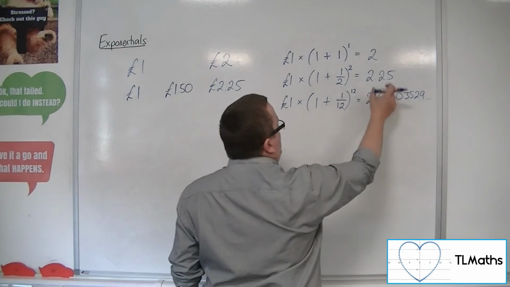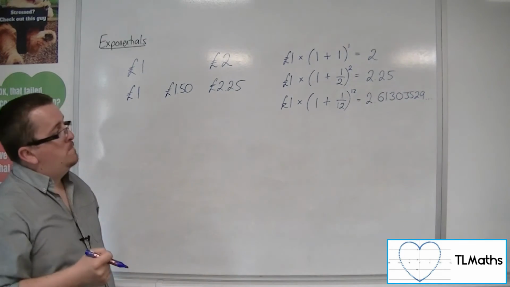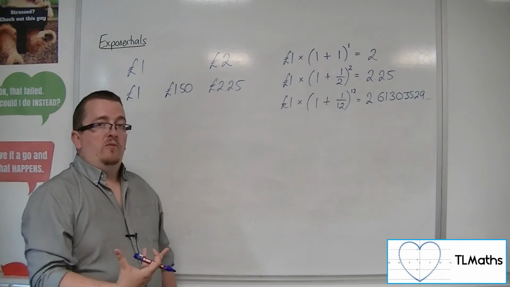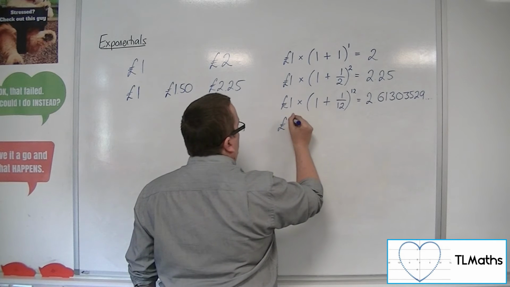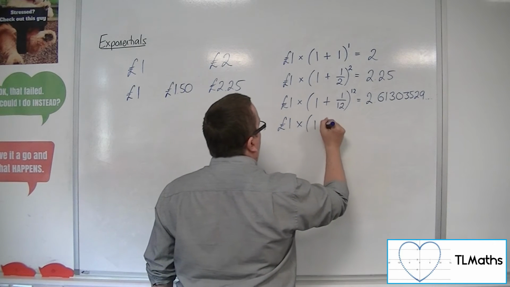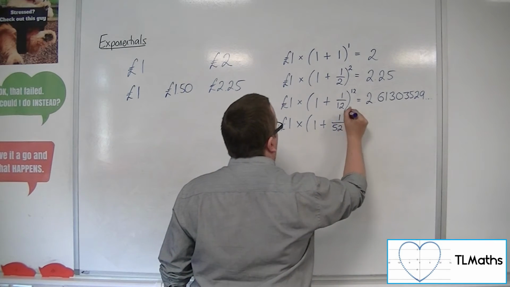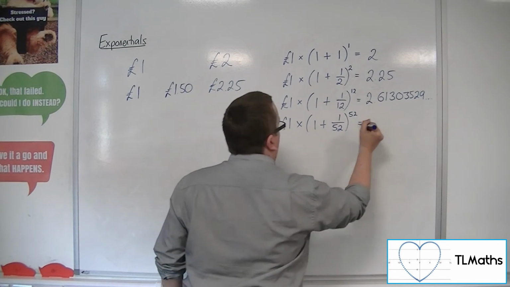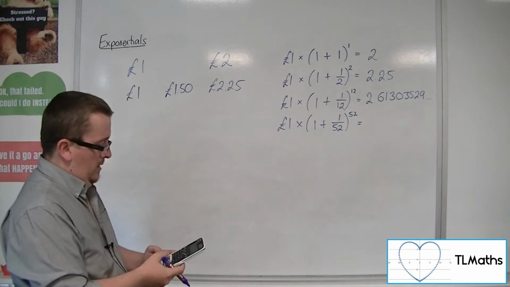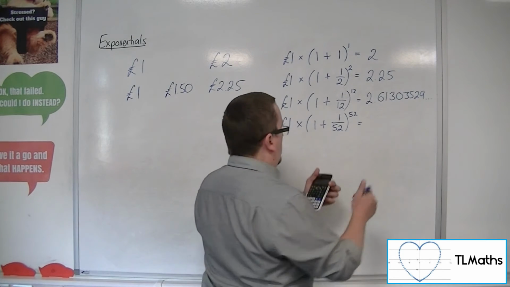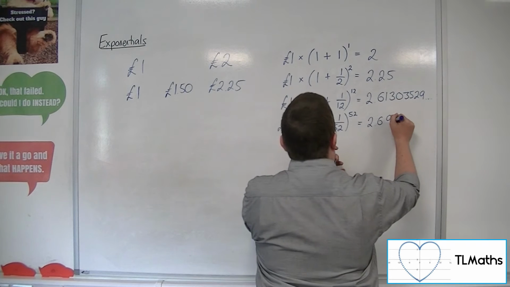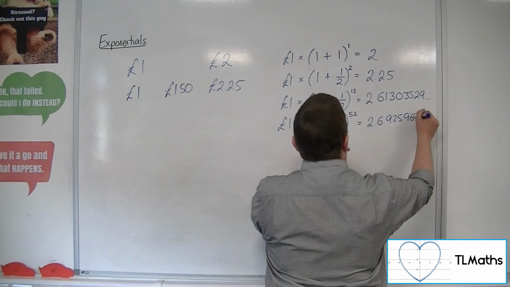So that's obviously better than my previous idea. So if we go from 12 months, well, let's say now we go to weeks. So 52 weeks in a year. This would be our formula. So 1 plus 1 over 52 to the power of 52. And that's 2.6925969954.